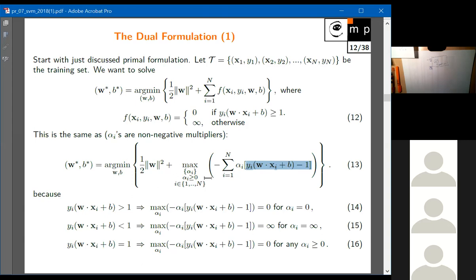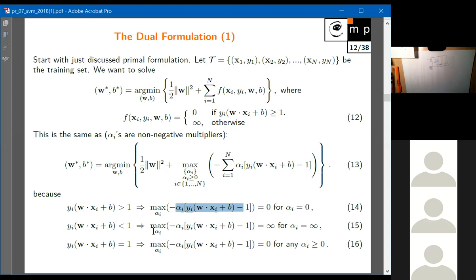Now if you look at this, if the constraint in the original setting was satisfied, then the maximum we can achieve here is 0, with alpha 0.